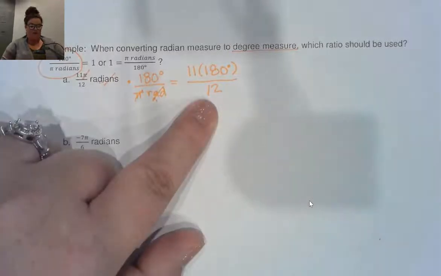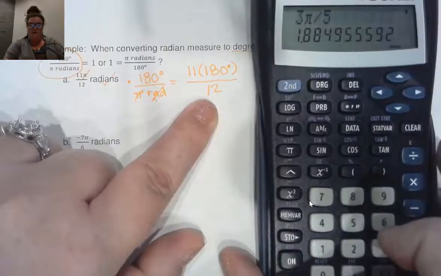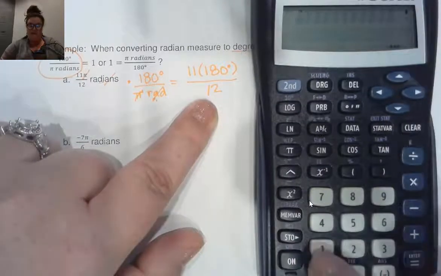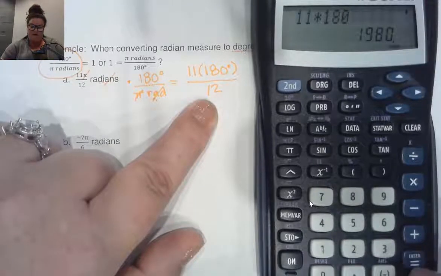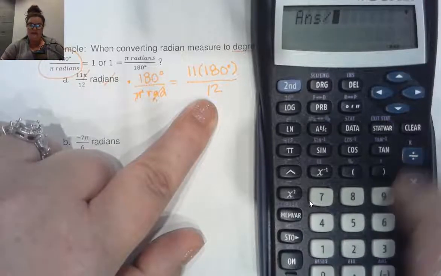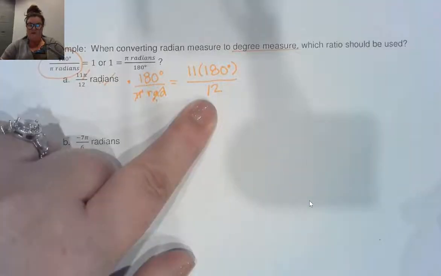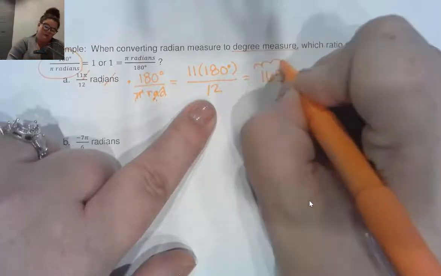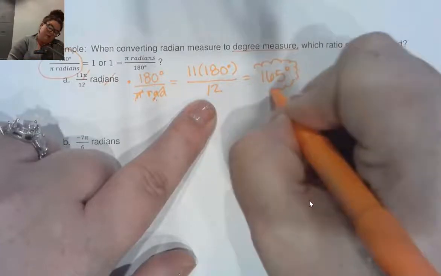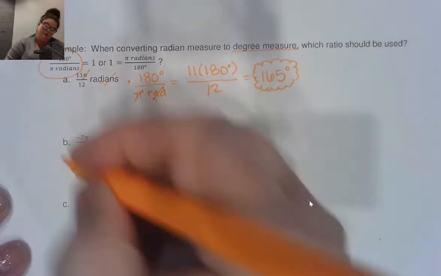Now again, you can go ahead and do all of this in your calculator real quickly if that is your easiest method here. 11 times 180 and then divide it by 12, and that gives us 165. So we end up with 165 degrees. Okay, don't forget that degree in there.